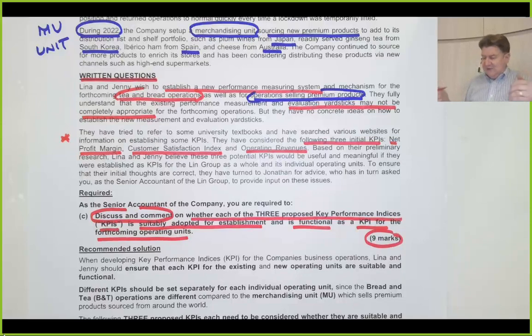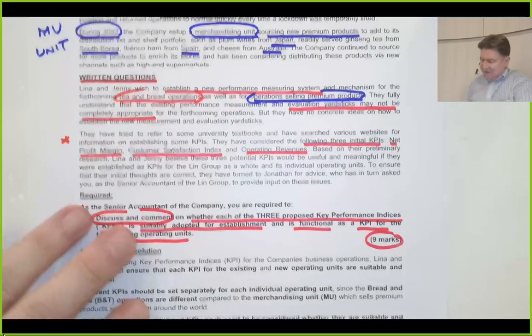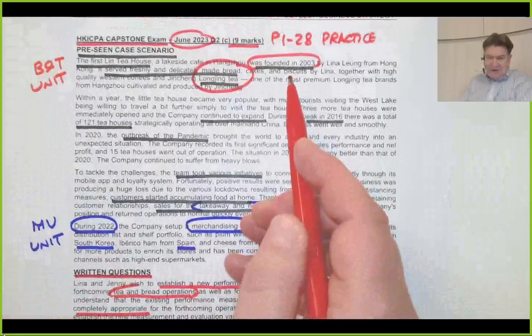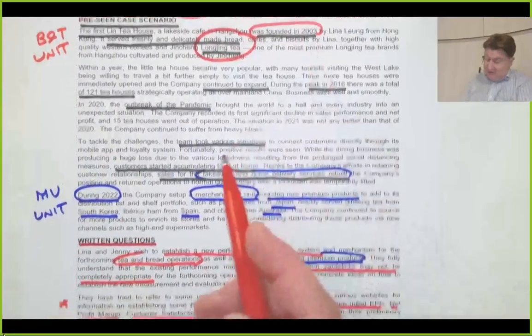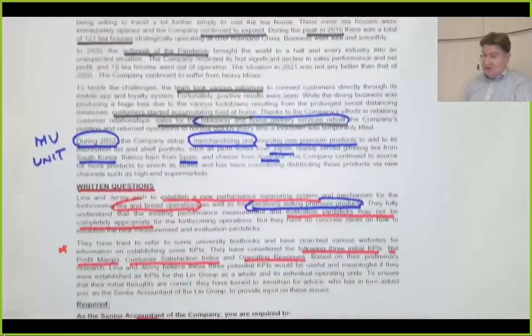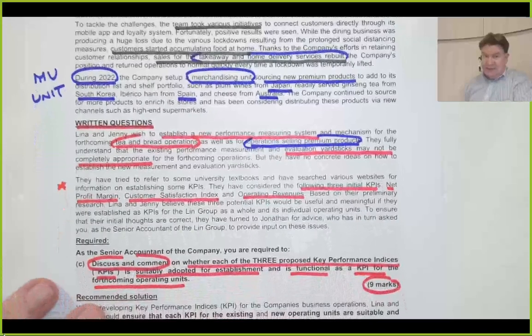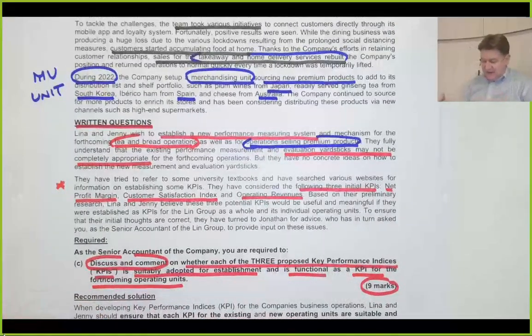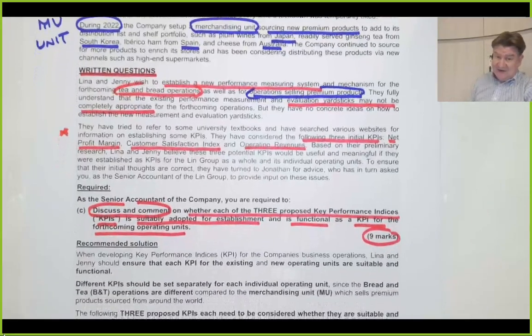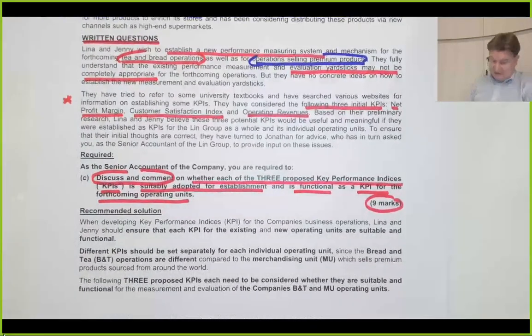Now, of course, we need to think a little bit deeper here. Just hold on. We've got different units. We've got old and established. We've got very new and emerging. And what they're wanting is a bit more detail about the fact that if we've got different operating units, we need to think about maybe different KPIs. So look, let's just put a little introduction here first.